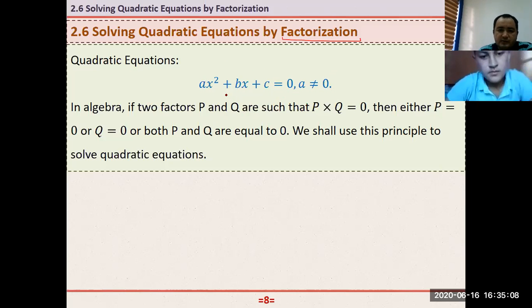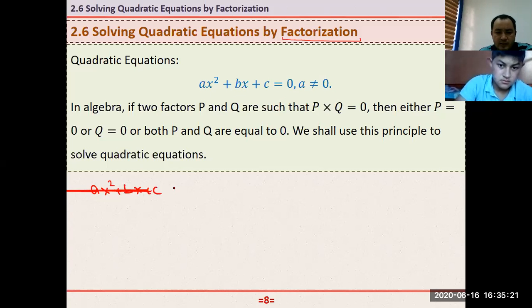In the previous class, what we learned is we now know how to factorize this equation, right? Assume that if you are given this quadratic equation, ax squared plus bx plus c is equal to 0. Okay, here we have x squared plus bx plus c.